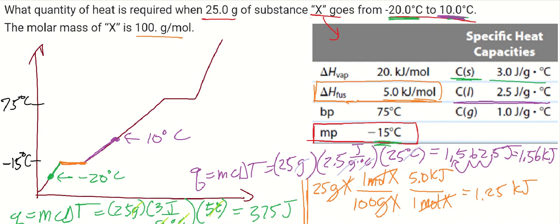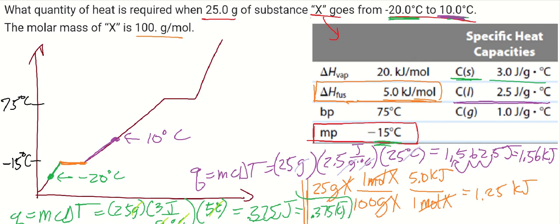And then over here, move the decimal 3 times, 1, 2, 3, and it's 0.375 kilojoules over there. Kind of running all over the place here.